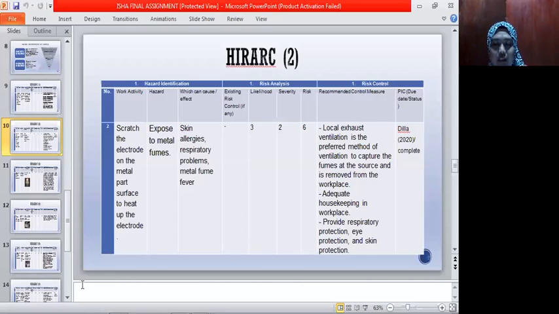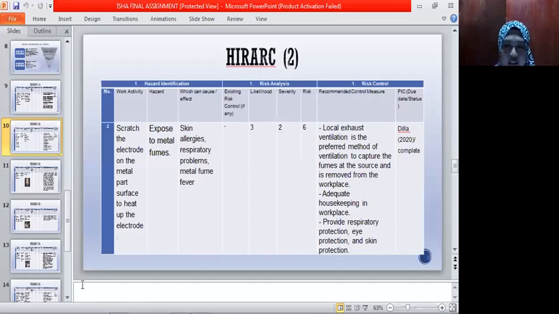The recommended control measure that we have proposed to overcome this problem is local exhaust ventilation, which is the preferred method to capture the fumes at the source and remove them from the workplace.